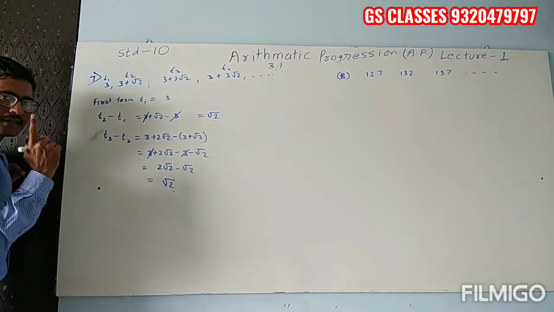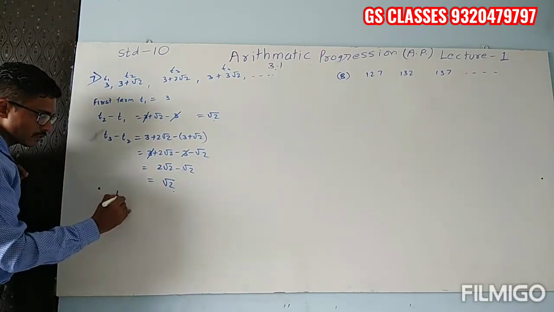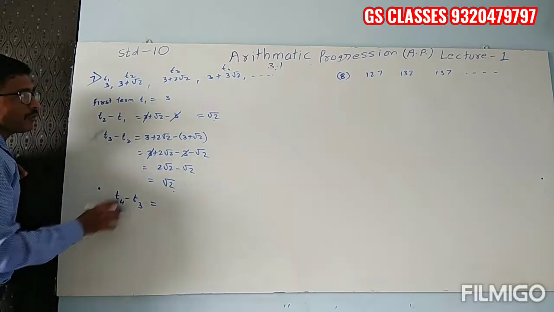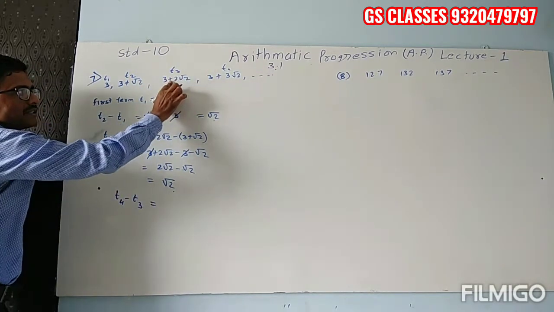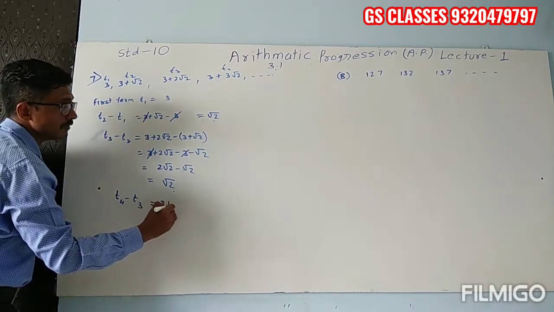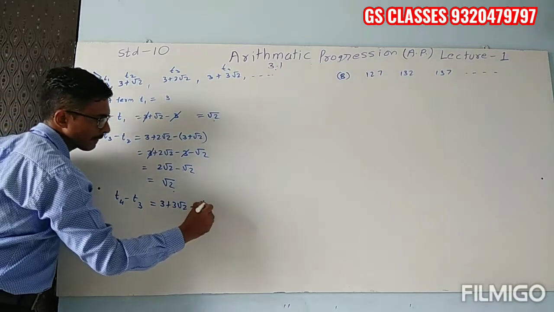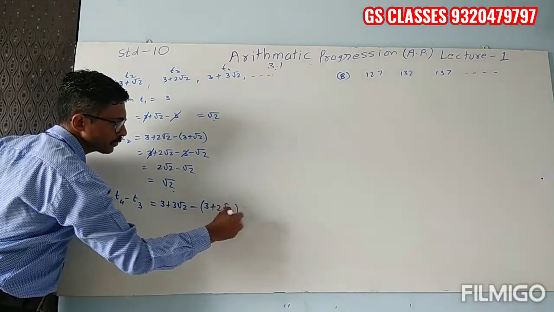We will do one more calculation before writing the conclusion. T4 minus T3. T4 minus T3. 3 plus 2 root 2.